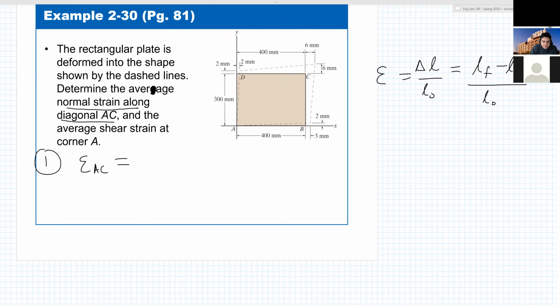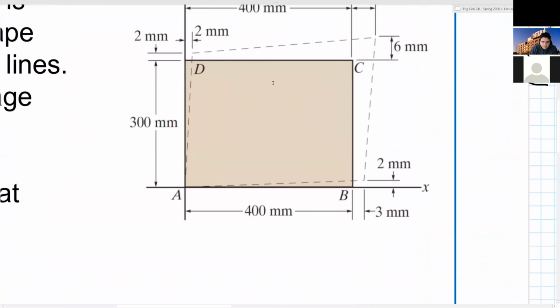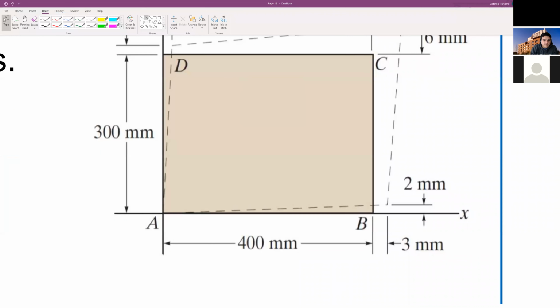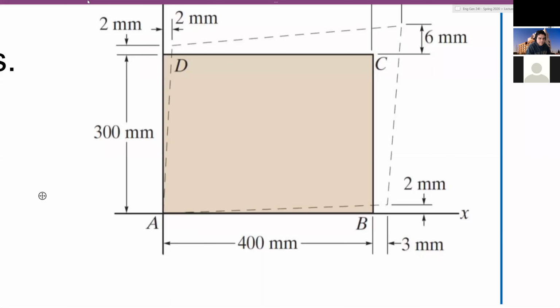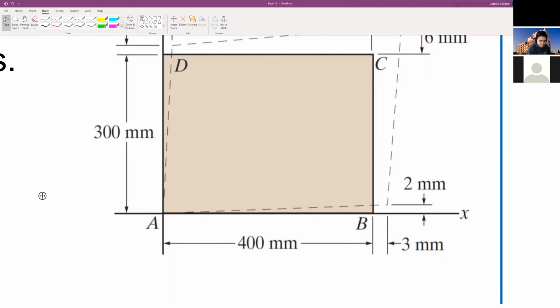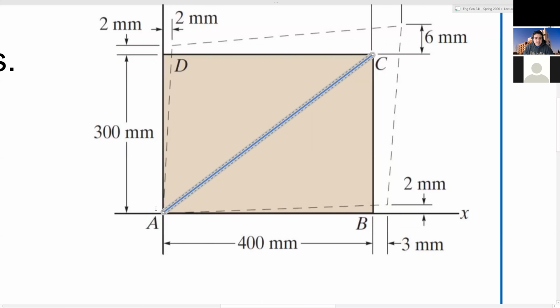If I draw a line from A to C, it's exactly on top of the diagonal of the box, right? So that's before.